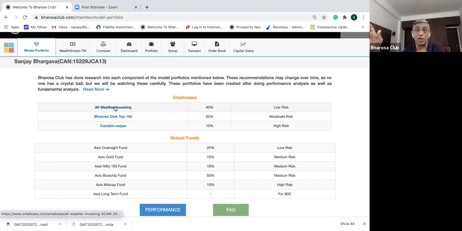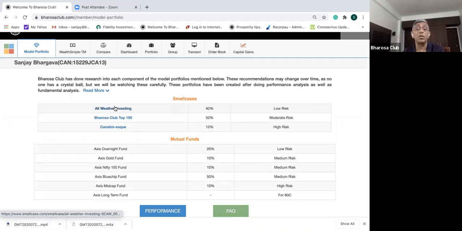That is how you would construct your own portfolio using the inputs in the model portfolio. You could also do your own research and use different components than the ones suggested here. But if you do not want to take all that trouble, then these are good defaults to use.